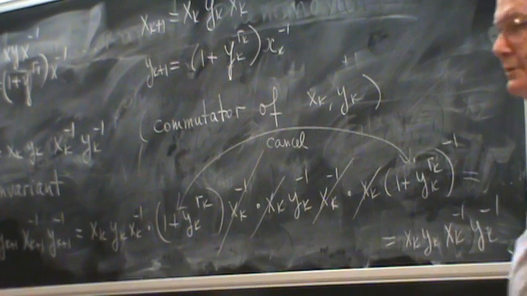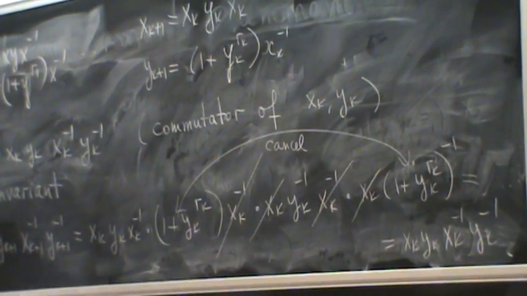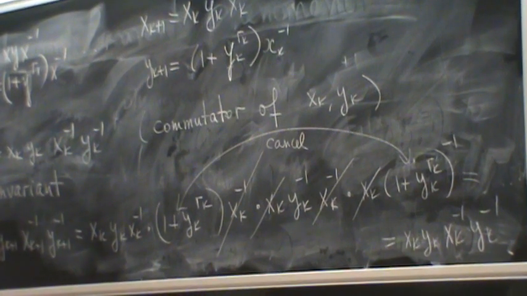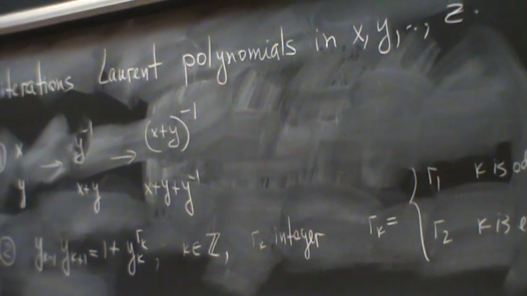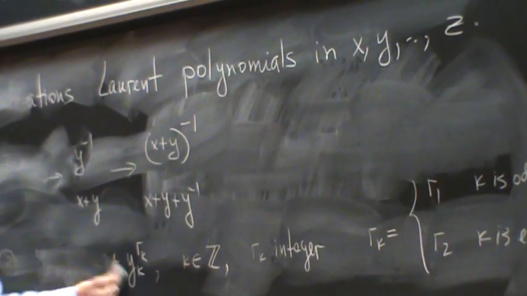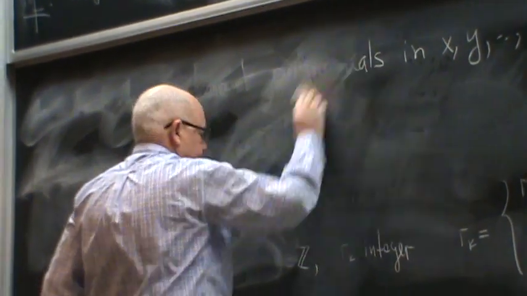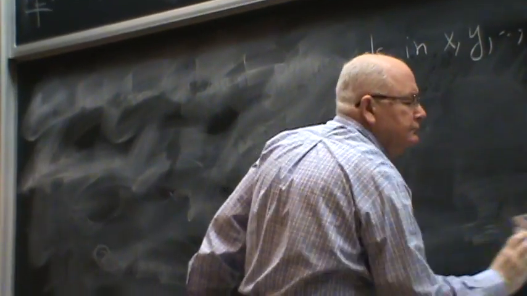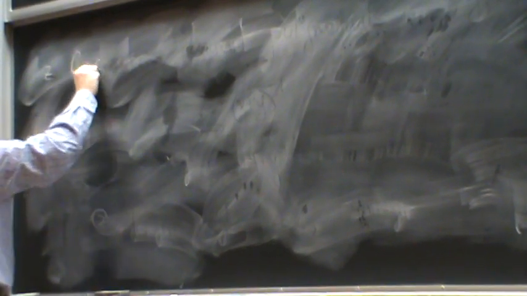And that's the result. All people who worked with this understand this. So physicists actually even call this Z a conserved quantity.